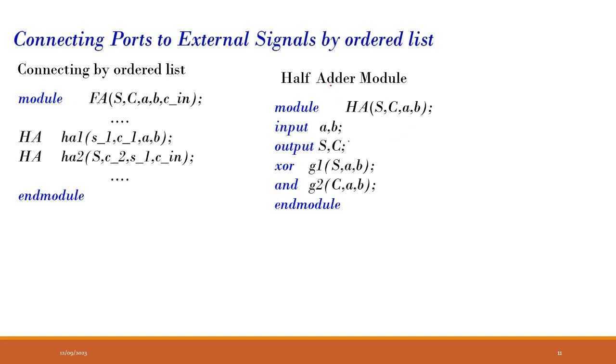All right. So if we have defined it like this, then when we call this function over here, we must call these arguments in the same order. If we don't do this, what happens is, if you write HA1 is S_1, A, carry_1, B, then it will give an erroneous result or it will throw an error.